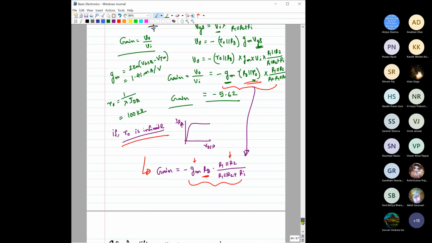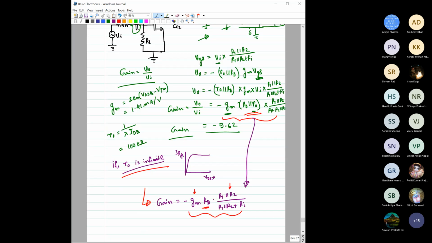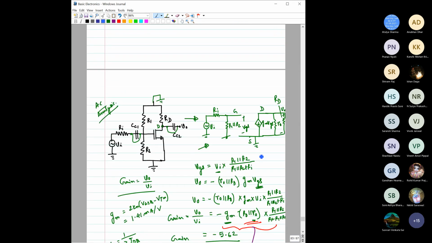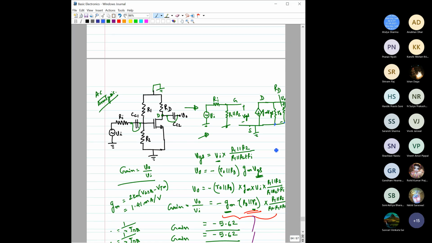For example, in this case, when you do not have any resistance here, you can see r0 is in parallel with RD, as the other terminal of RD is grounded, and the other terminal of r0 is also grounded.